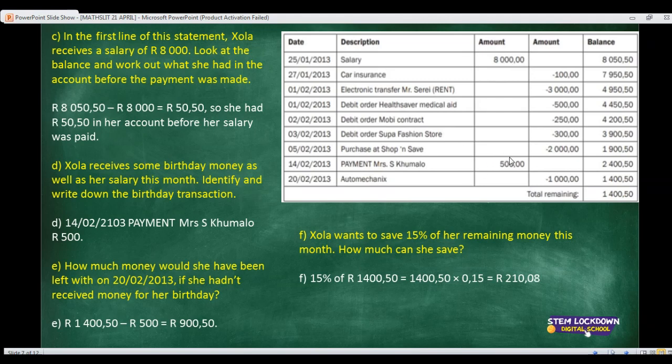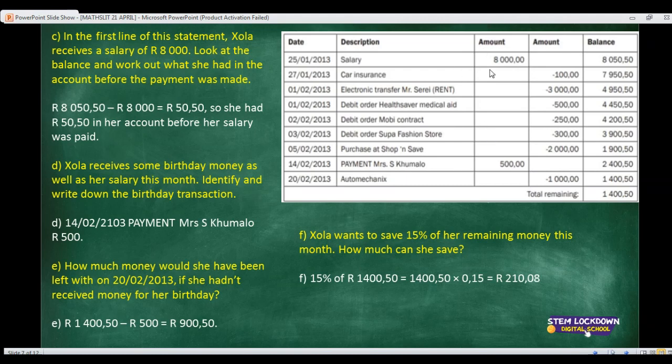So that makes it obvious that this 500 rands must have been for the birthday transaction. So here we found out, firstly, that Kola's birthday is on the 14th of February, and the birthday present came from Mrs. S. Kumalo, who sent him 500 rands.